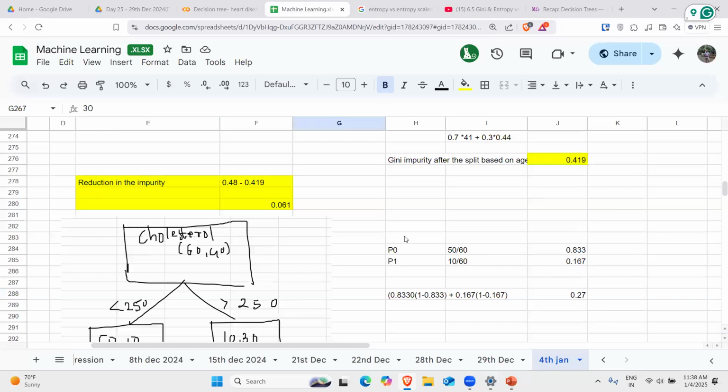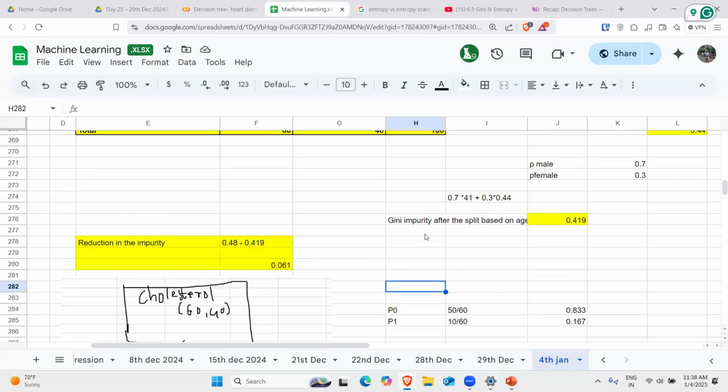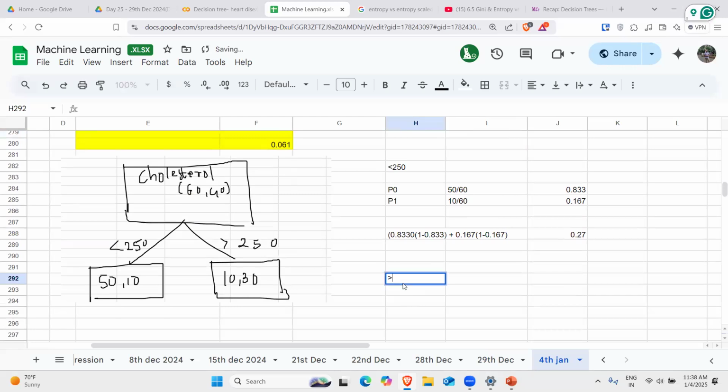Let's do that. This is my less than 250, right? This is my greater than 250. So probability of 0 for this case will be 10/40. Probability of 1 will be 30/40. And as you know, 10/40 is 1/4, 0.25. This is 3/4, this is 0.75, right?